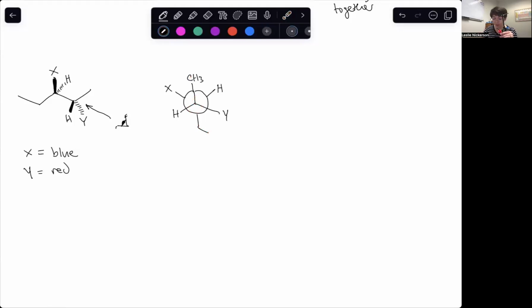Okay, so this one is a staggered form, specifically anti, or anti, whatever you want to say. And that's just due to the 180-degree bond angle here between your largest substituents.